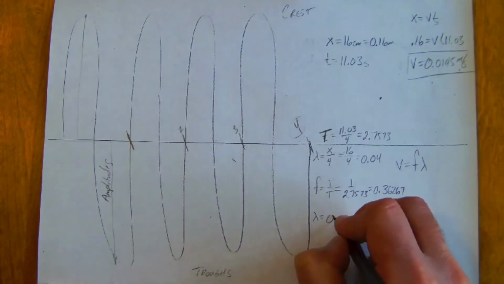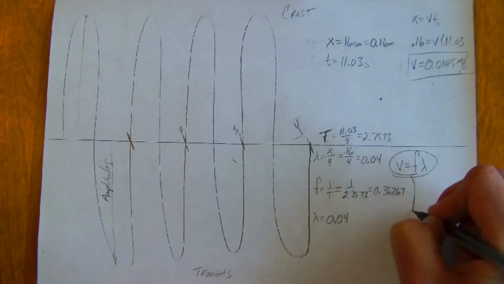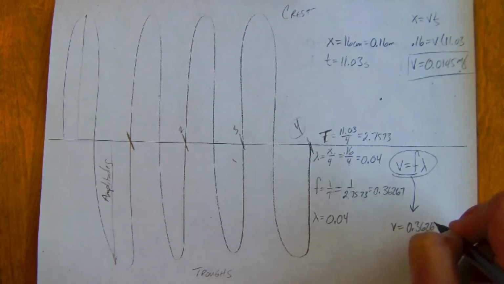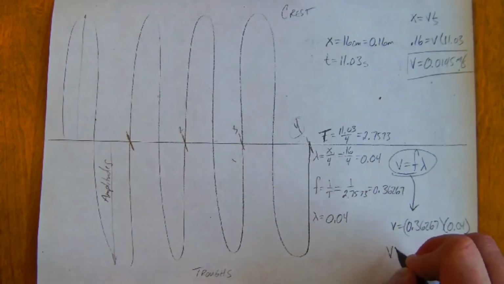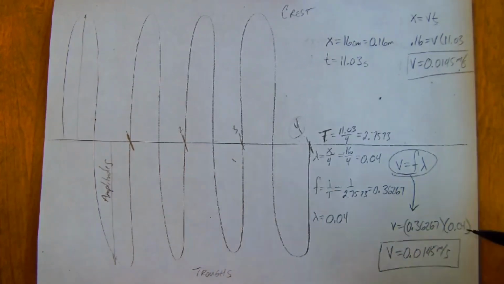Now, when I do frequency times wavelength to get my velocity, I have 0.36267 times a wavelength of 0.04, and that gives me a velocity of 0.0145 meters per second. Notice the next question on your lab sheet is going to say to compare those two, and you'll notice that they should come out to be the same.